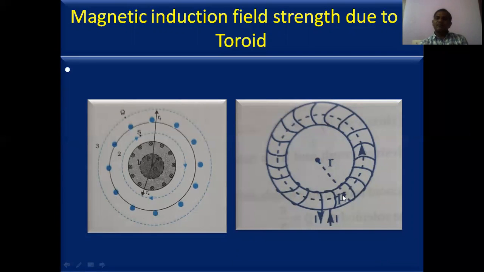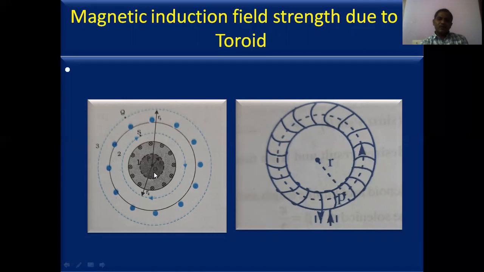Then by joining all these points, you will get the concentric circle. So this dotted line represents the magnetic line of force. Therefore, at any point, what is the direction? Along the tangent line direction. So B bar direction at any point is along the tangent line direction on the circular path, right?